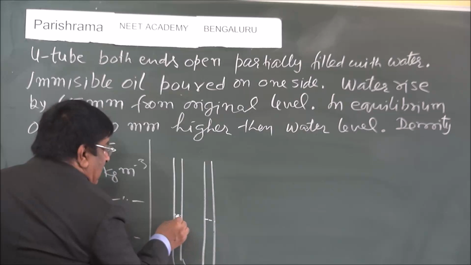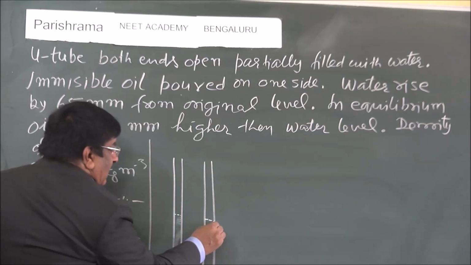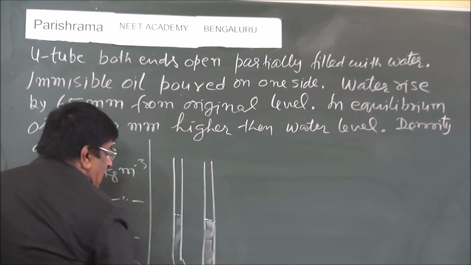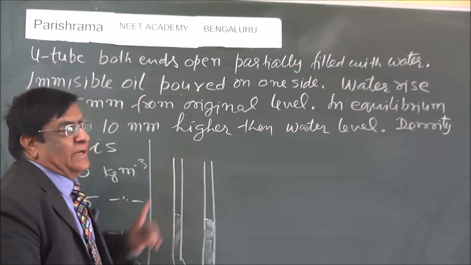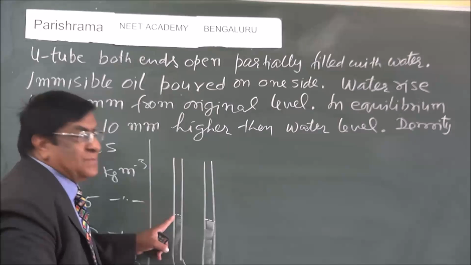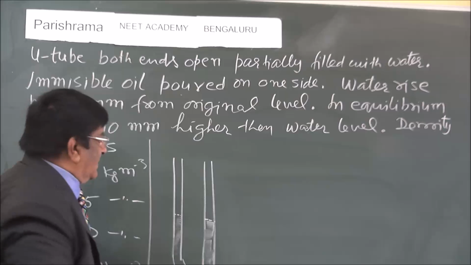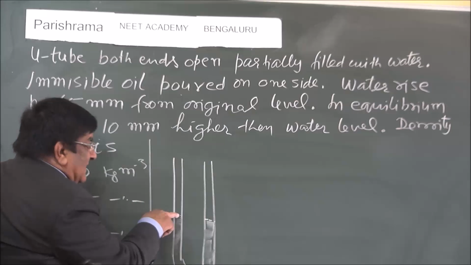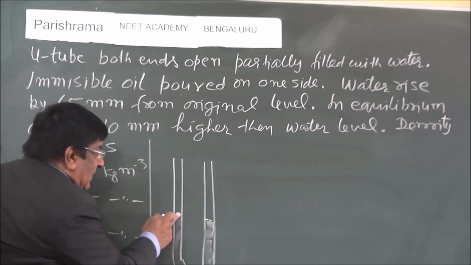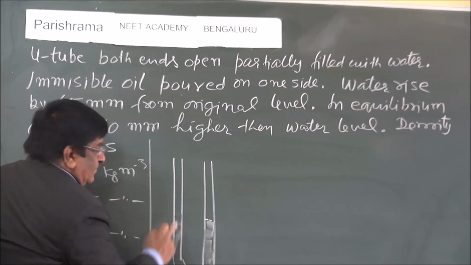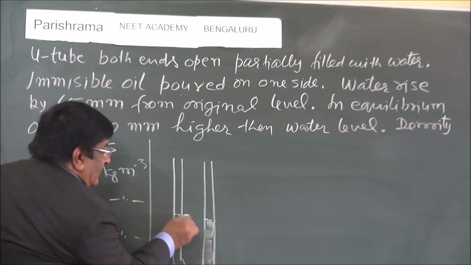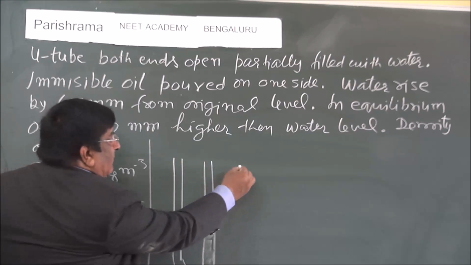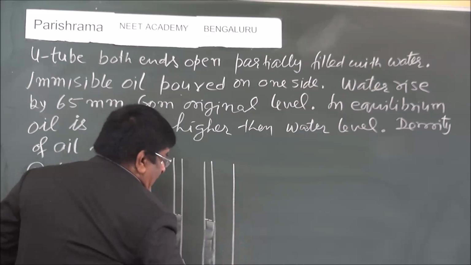So when we fill it, the level is equal on both sides. After that, oil is poured in it. When oil is poured in it, what happens? The oil presses this level, so this level goes down and this goes up. This is the original one. Okay, let's leave it. I will make another diagram here.